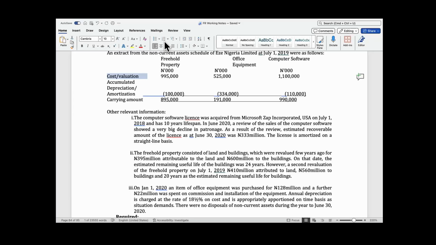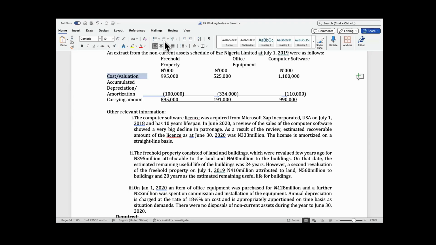Additional information: the freehold property consisted of land and building, which were revalued few years ago for 395 million attributed to the land and 600 million to the building. On that date, the estimated remaining useful life of the building was 24 years. However, a second revaluation of the freehold property on July 1st, 2019, 410 million attributed to land, 560 million to the building, and 20 years of the estimated remaining useful life for building.